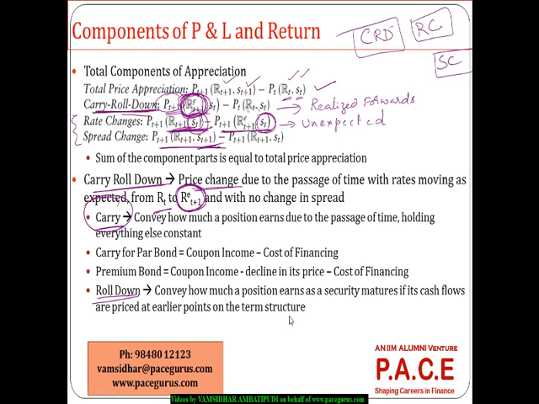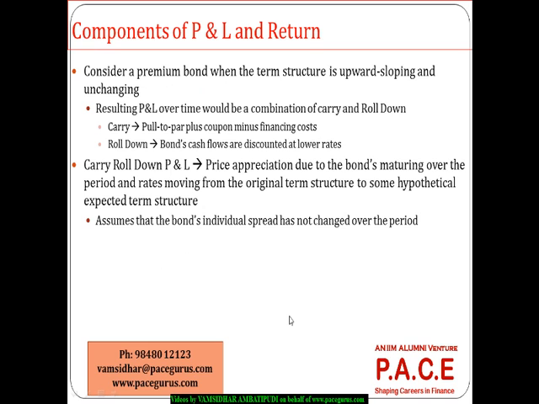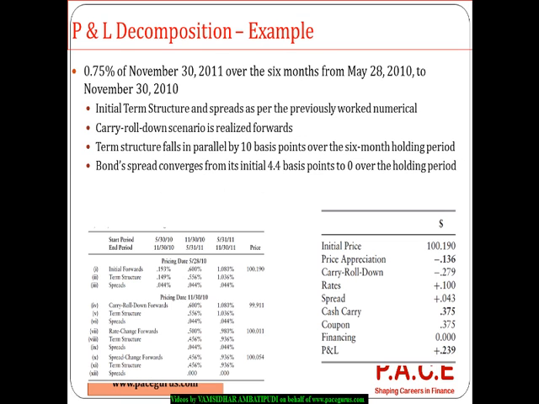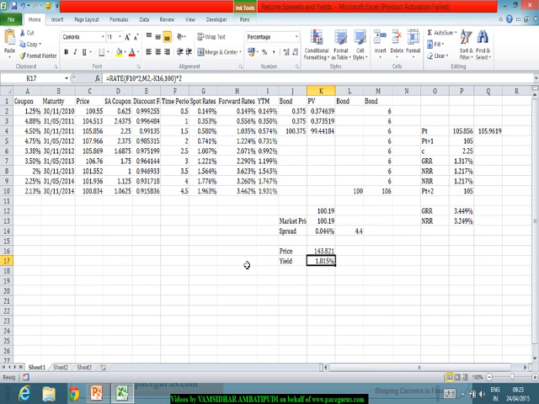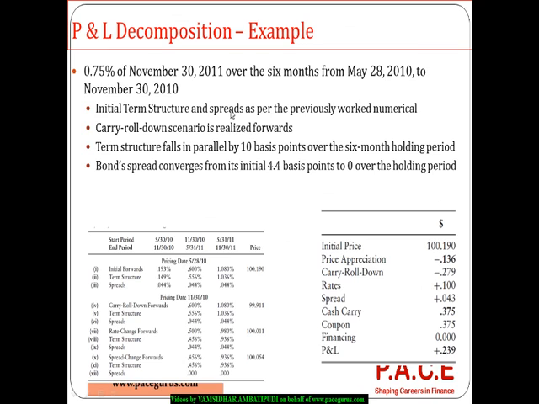I'll take an example that would help us understand the whole breakup of all these. Now let's say for this same Excel spreadsheet, based on the 0.75% November 30th 2011 security, from May 20th 2010 to November 30th 2010, I want to do this exercise.